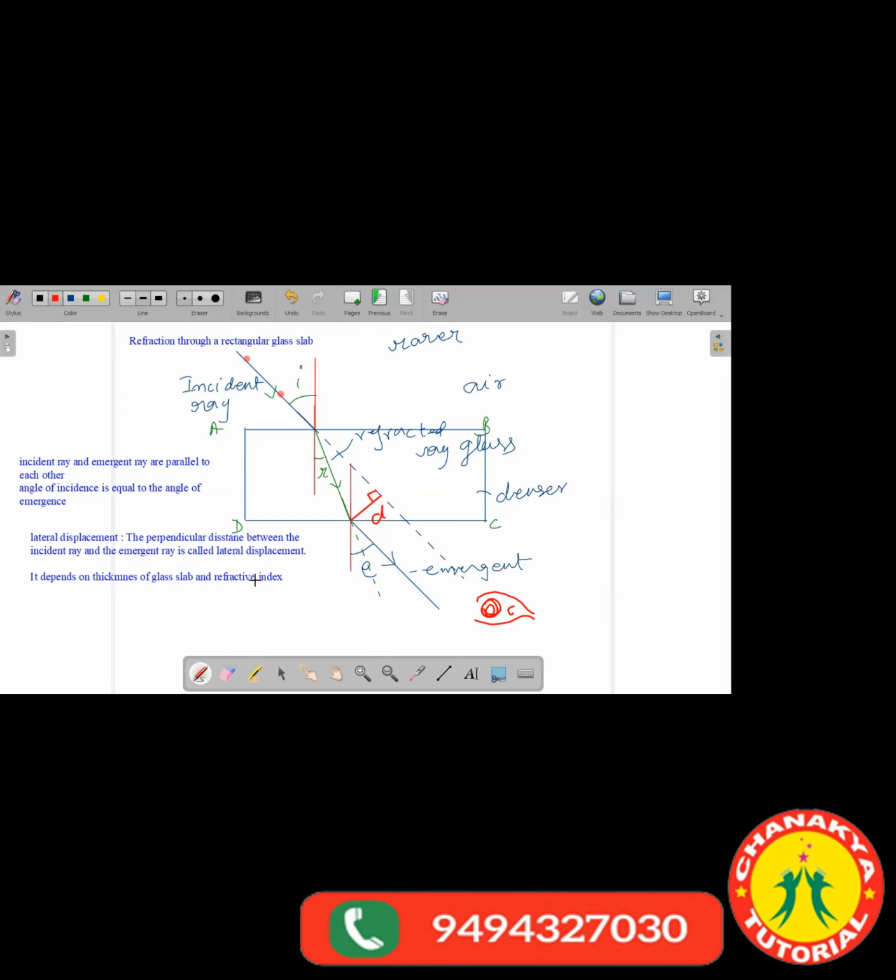Okay, one more thing. We have here a relative refractive index, so let's add that also. Up to now, we just talked of the absolute refractive index, that is the refractive index when we have the first medium as air. Now we have the relative refractive index.